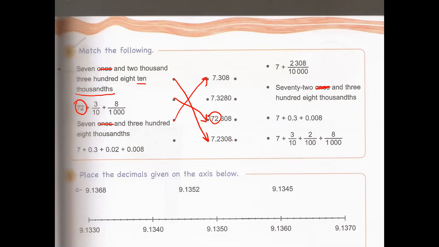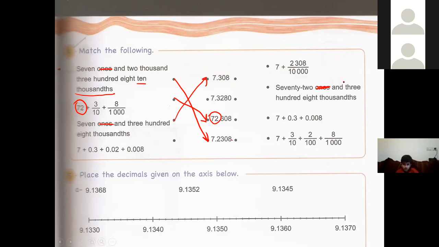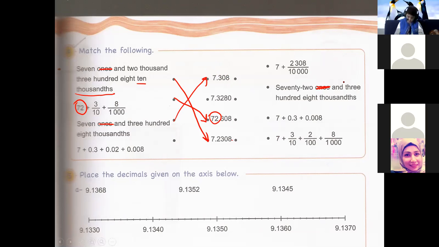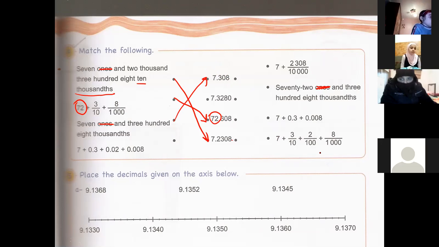Now, Jad Al-Hariri, the last one, please. Teacher. Yes. 7 and 3/10, 208,000. What are you doing, Jad? Okay.